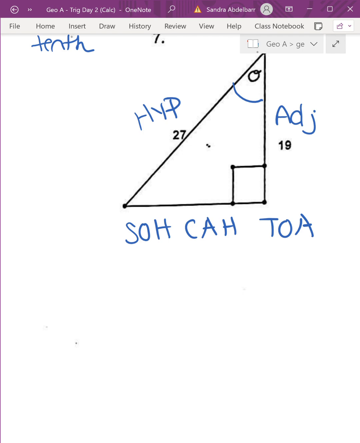Cosine. So we're going to say cosine, but I can never write cosine by itself. Cosine of what? Cosine theta equals 19 over 27.